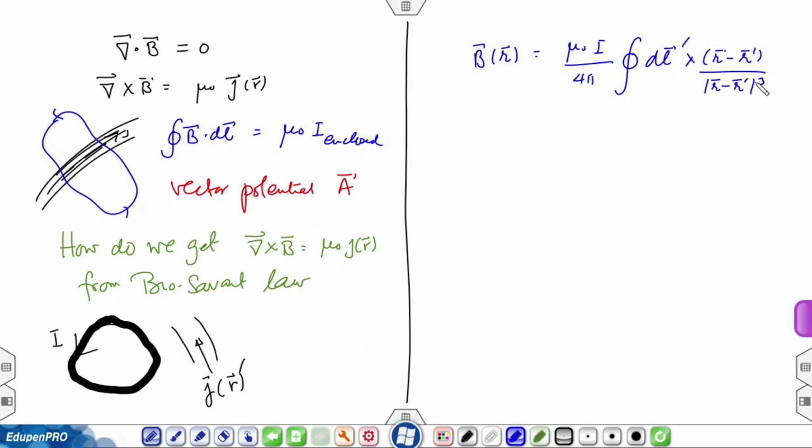Now, recall that problem that I solved in the previous lecture, where a current was flowing in a strip.